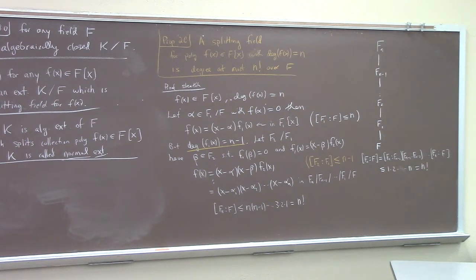So an algebraic extension is one for which everything in the extension appears as the zero of some polynomial in F.